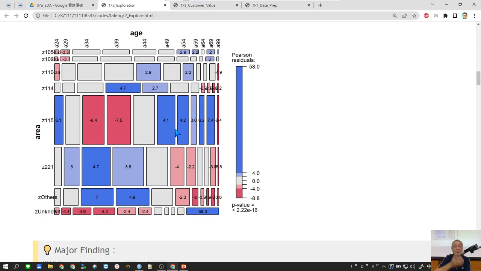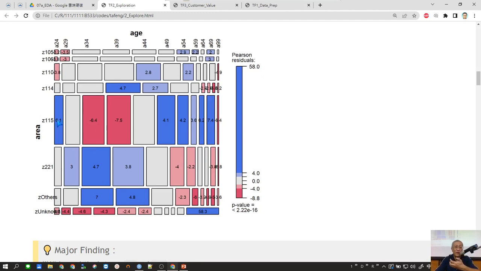But if they're more, why is the width of the rectangle less than the red one? For example, this one is narrower than the red one, but why do I say it's significantly larger?